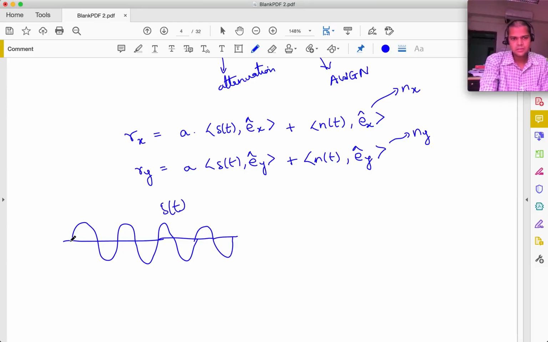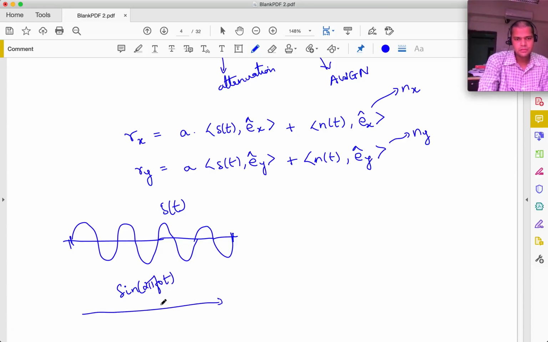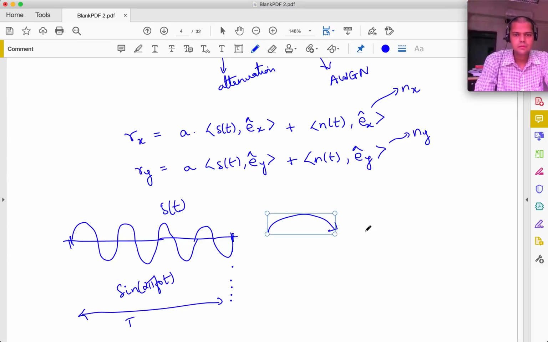This is actually a sine wave, like sine 2 pi f0 t, but of course with the time period t of 1 bit. So this is what I'm sending out, and then I get an attenuated version of it. This is what is obtained at the receiver.